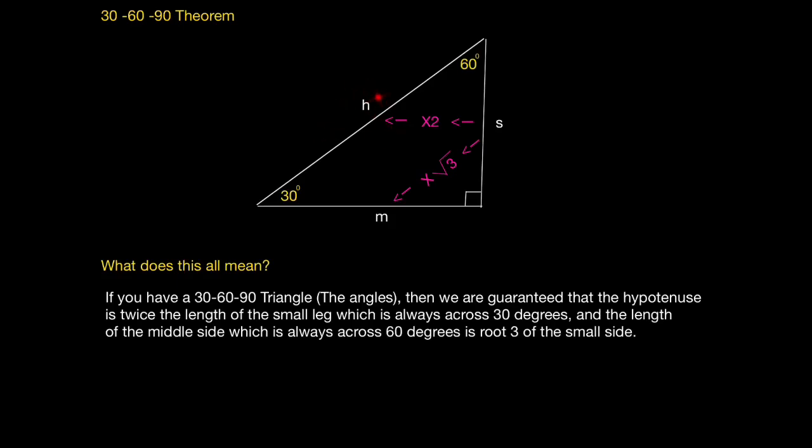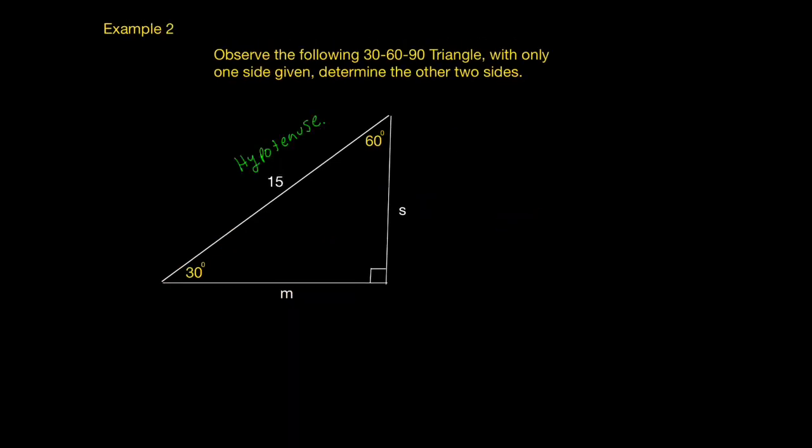For example, if I start at the hypotenuse and I want to get to the small side, instead of multiplying by 2, I'm going to do the opposite. I'm going to divide by 2. Same thing here. If I want to start at the middle side, in order to navigate to the small side, I can do the opposite and divide by radical 3. So that's the approach we're going to take here.